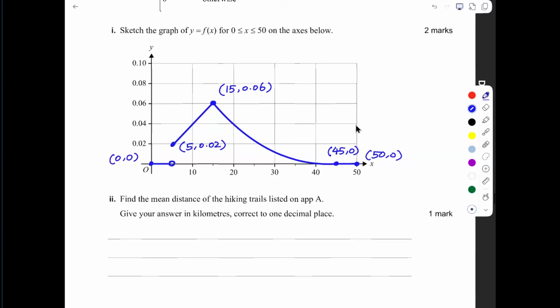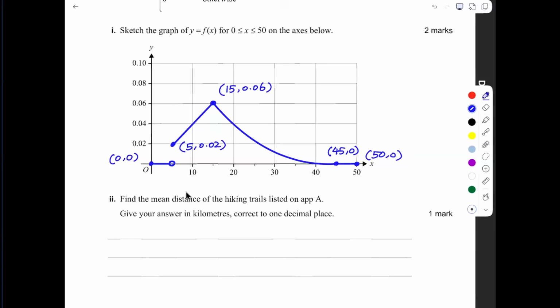find the mean distance. Well, you have to integrate from 5 to 15 of x times f1 of x dx, plus the integral from 15 to 45 of x times f2 of x dx.